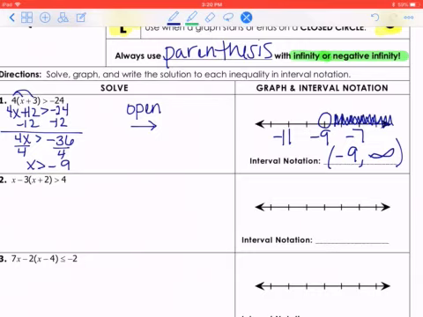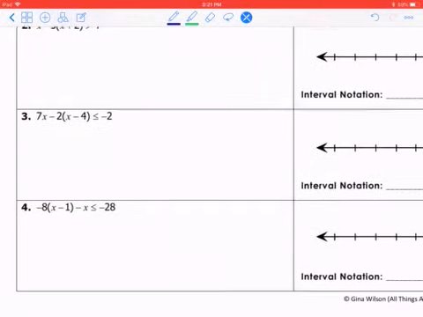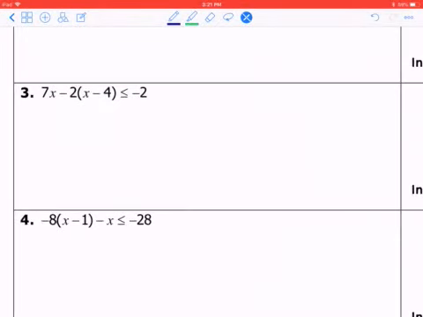Okay, moving down the line. Number 3. Same thing, we're going to start by distributing. We'll combine like terms, and then we will solve. So distribute your negative 2 to give you negative 2x plus 8.